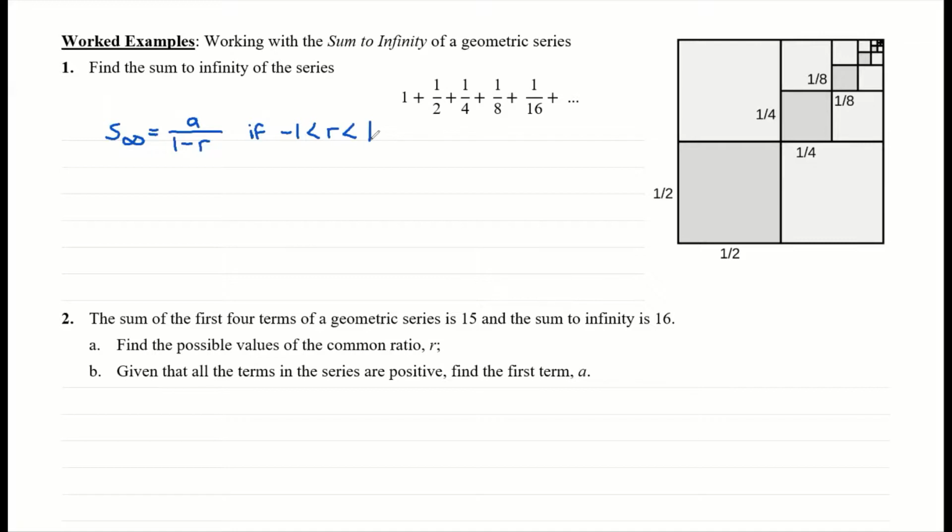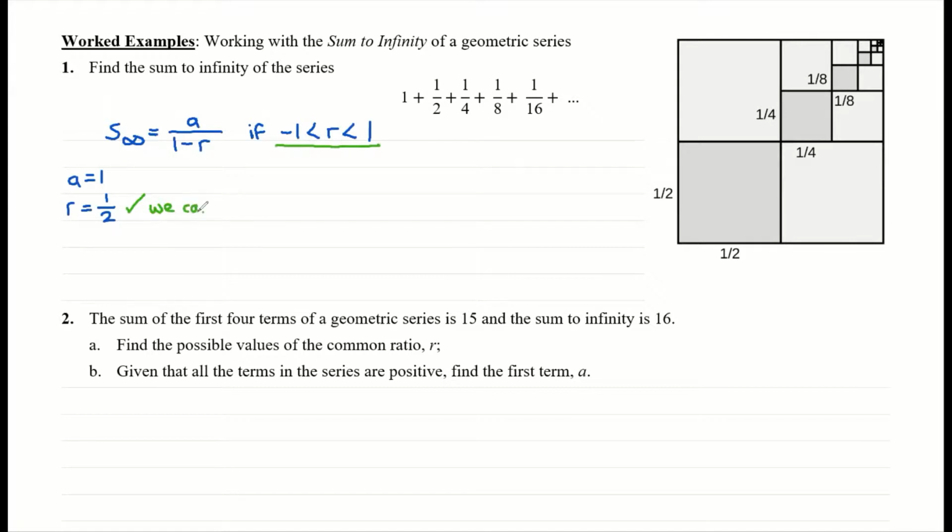Let's have a look at what we've got here. Well, we've got basically what we saw earlier: a equals 1 and r equals 1/2. And we know that that is absolutely fine because it lies within this interval.